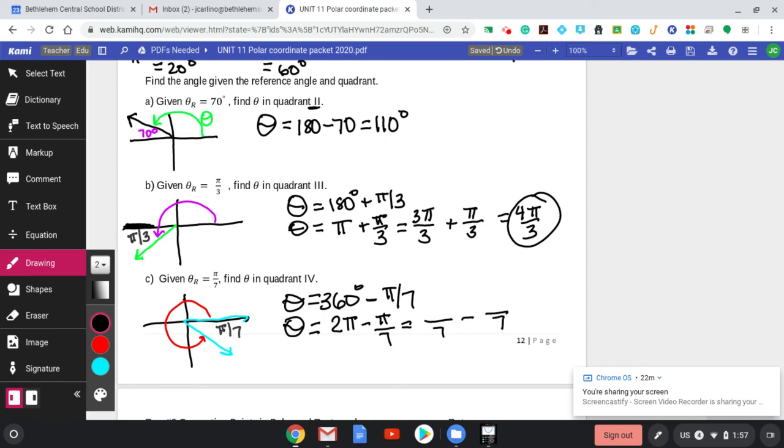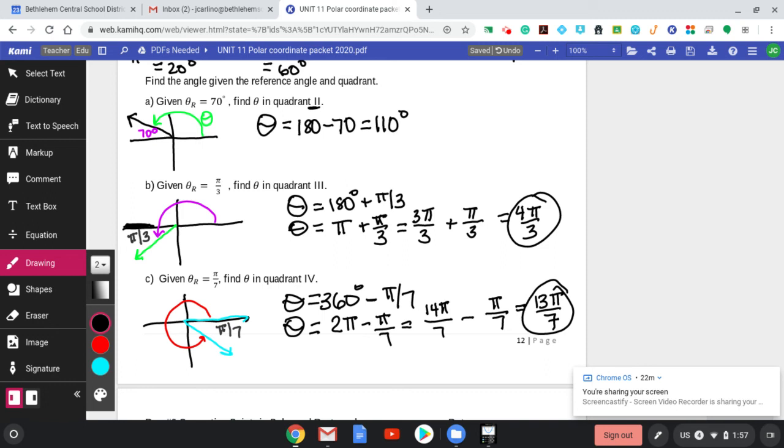So I got to multiply 2 pi by 7, so that's 14 pi. This pi over 7 stays the same. So my angle is going to be 13 pi over 7. Okay? So I guess that's the easiest way to get to the angles: do I need to add on or subtract? You got to take a look at your diagram that you made.